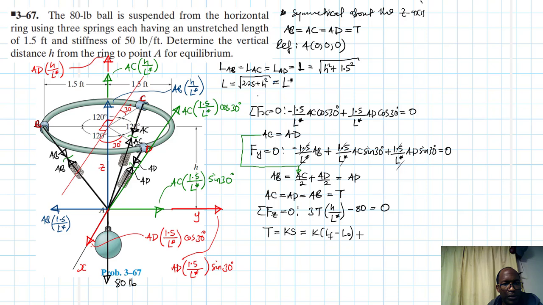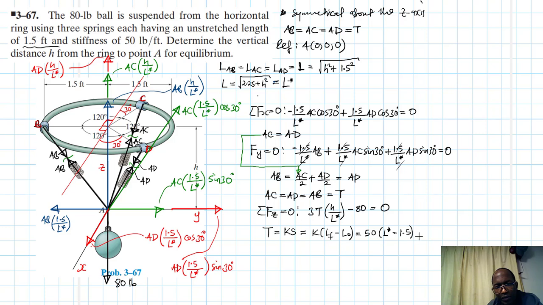We know that L final, we just calculated as L star, so this is just going to be equal to 50, which is the stiffness, times L star minus the unstretched length. They told us it is 1.5, right? Remember the unstretched length, this one here.